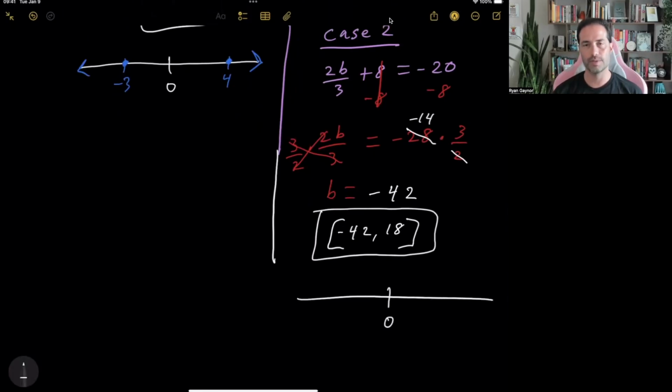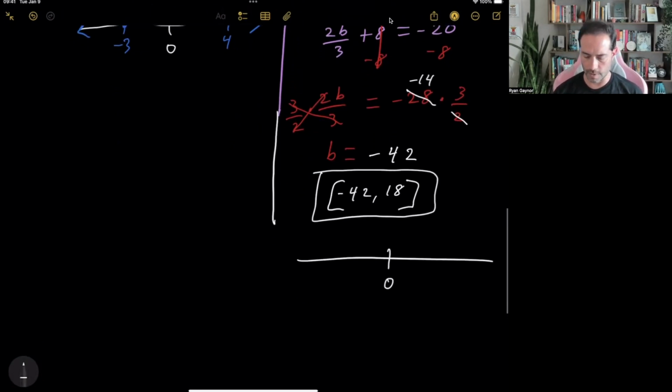Again, I always would suggest that you put the 0 and then you put just the numbers that you're looking for, because then we know that you understand what a number line is. Negatives on the left, 0 in the middle, positives on the right. So we got our negative 42 way over here, and we have our positive 18 way over here, and then we just put the filled in circle. And that is it.